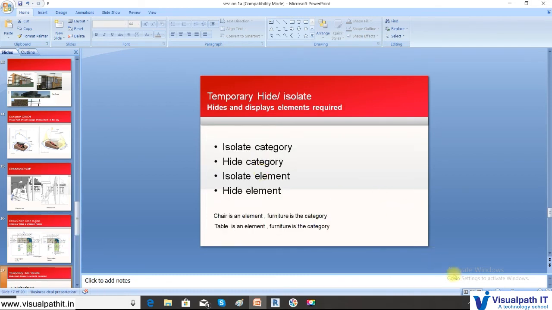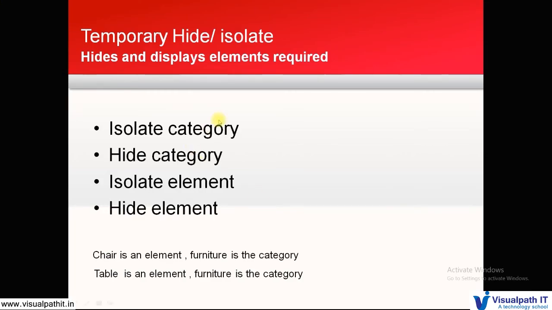Now next one will be your temporary hide isolate, which means it hides and displays the elements required. You can have control on it. There are two things: isolate category and isolate element.